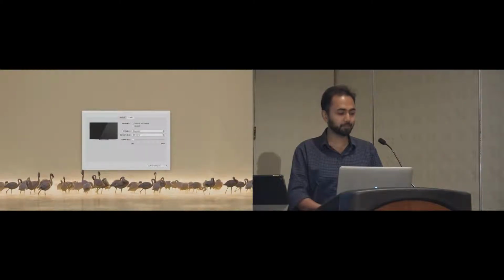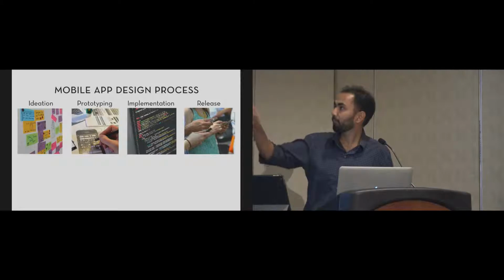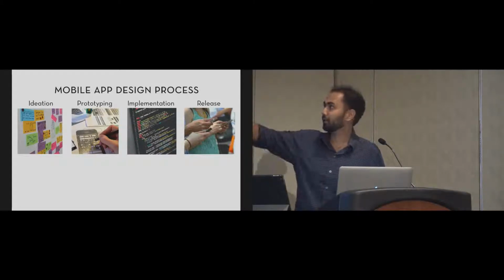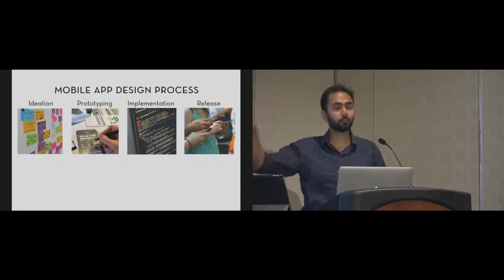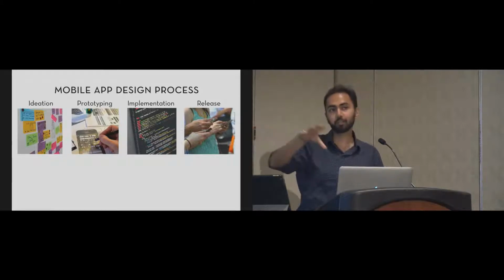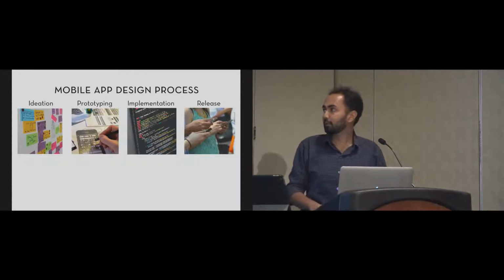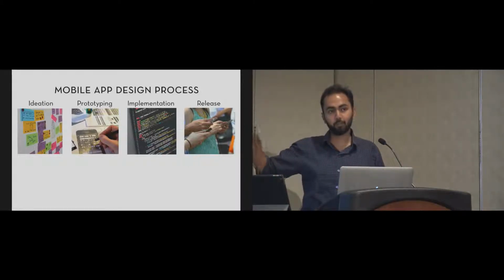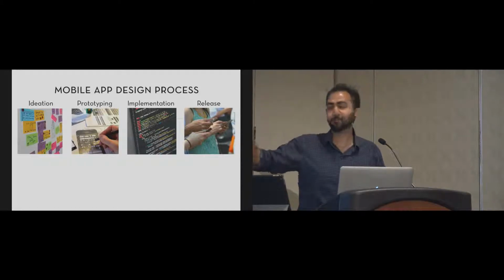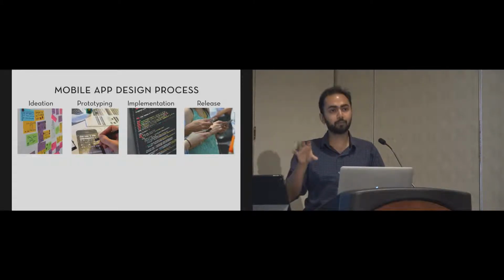because if I go back to the slide where I showed the design process, we built a tool in a way that we are hitting the ideation stage, and the implementation and release stage, because we're working with apps here. And what you were talking about, I think, is the prototyping stage, where you have these digital prototypes and you want to be able to use something like this there. Right now, the current tool is built for Android, so not right now. But I think the overall approach that we take for capturing data can apply.